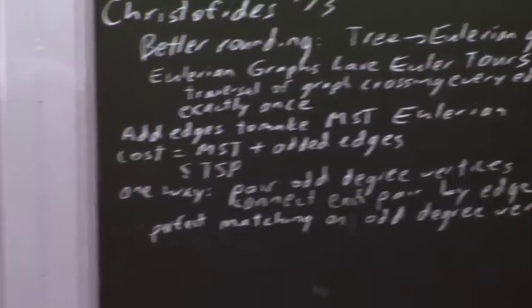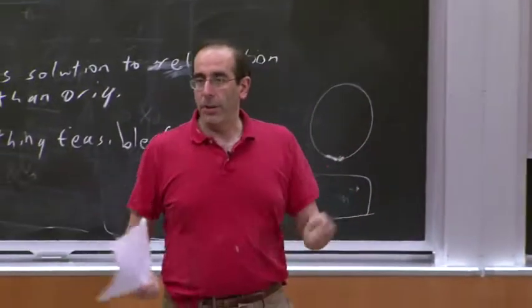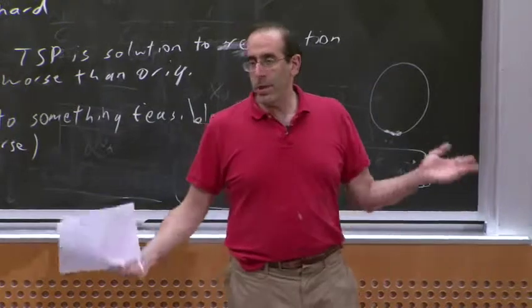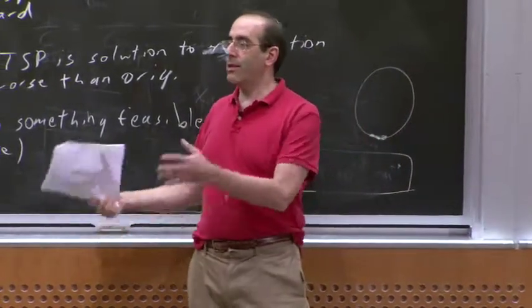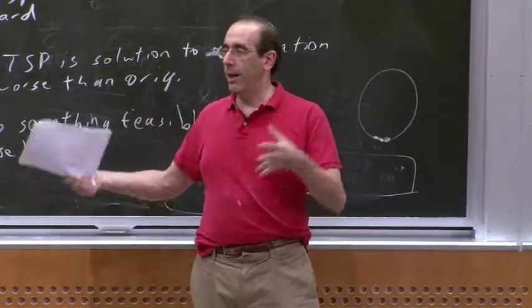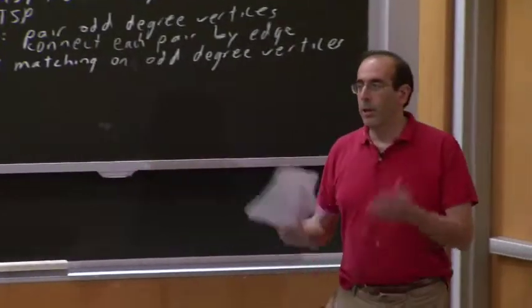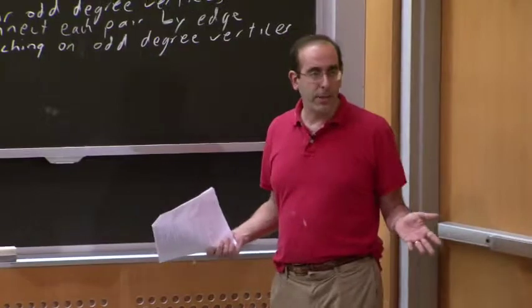A perfect matching is where you take all the vertices and you pair them up with edges connecting them. And so there's the natural question to ask: does such and such graph have a perfect matching? Here, we know there's a perfect matching because every pair of vertices is connected.